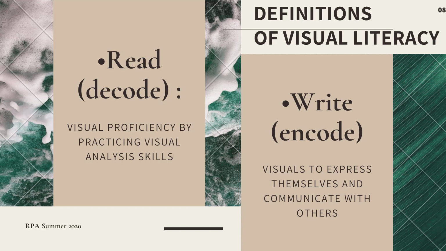While on the other hand, encoding means the ability of the visual itself to express the meaning. So there's no need for you to analyze anything, since the visual will be clear. So whether it's decoding or encoding, this is the definition of visual literacy.